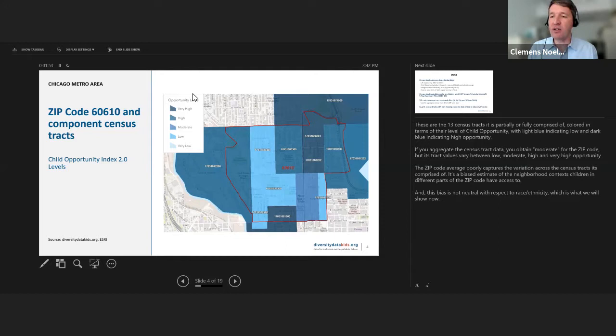So the zip code average poorly captures the variation across the census tracts it's comprised of. It's a biased estimate of the neighborhood context children in the different parts of the zip code actually experience. And this bias is not neutral with respect to race ethnicity, which is what we will show now.